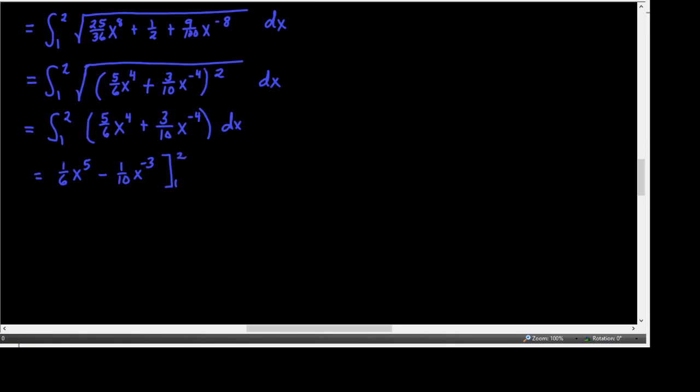Okay. And then using the fundamental theorem of calculus, we'll substitute into our antiderivative the upper bound first for each x, minus the lower bound substituted into the antiderivative function.